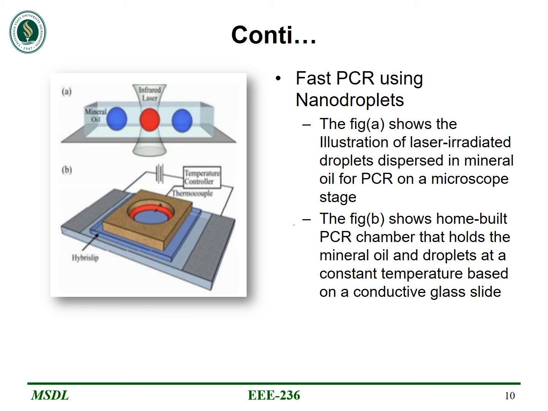Droplets as water in oil emulsions are one of the most attractive candidates in that they are stable and can be easily generated and spatially arrayed on a solid substrate without crosstalk between neighboring droplets. In the second figure, the home built PCR chamber that holds the mineral oil and droplets at a constant temperature based on a conductive glass slide is shown.